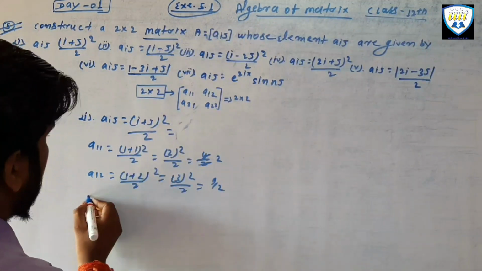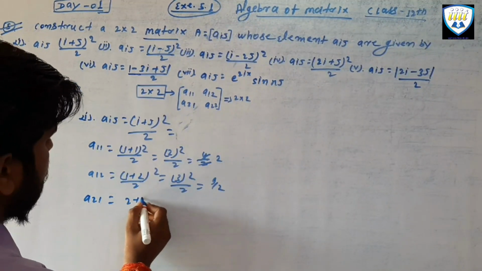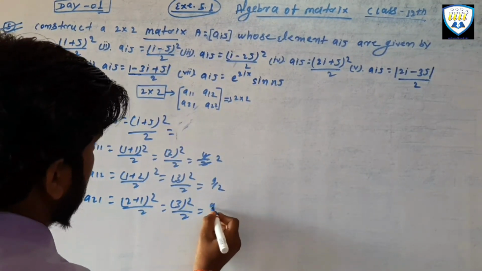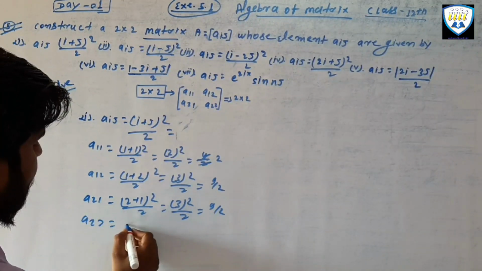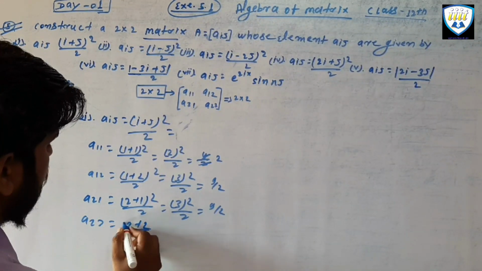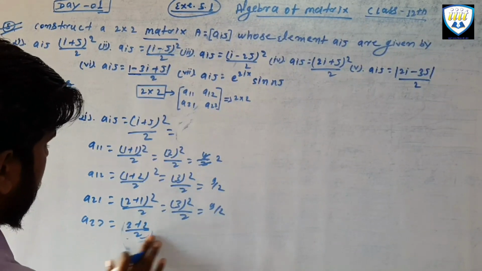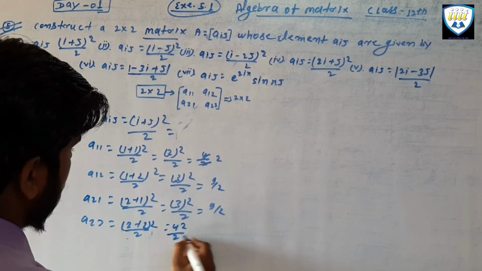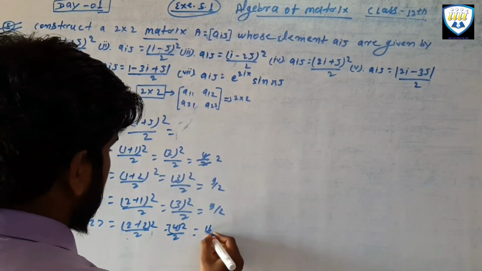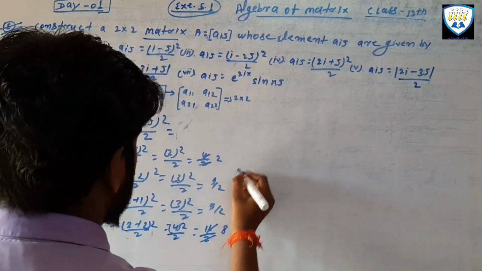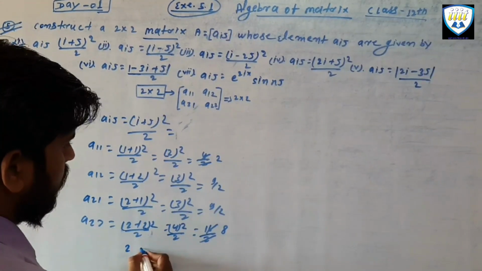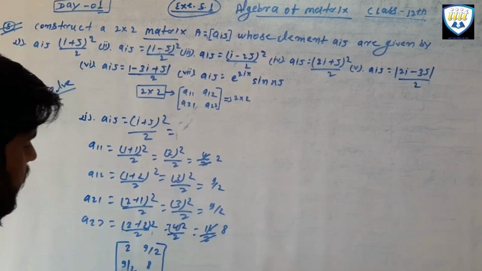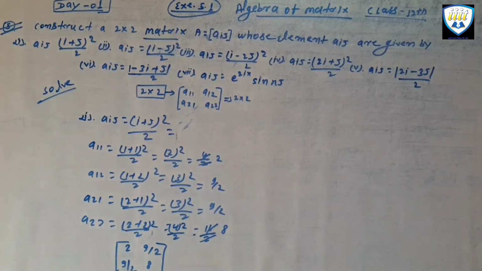A21 is (2 plus 1) square upon 2, 3 square upon 2, 9 upon 2. A22 is (2 plus 2) square upon 2, 4 square upon 2, 16 upon 2, 8. So the matrix is 2, 9 upon 2, 9 upon 2, and 8. Any doubt? This is the order of the matrix.